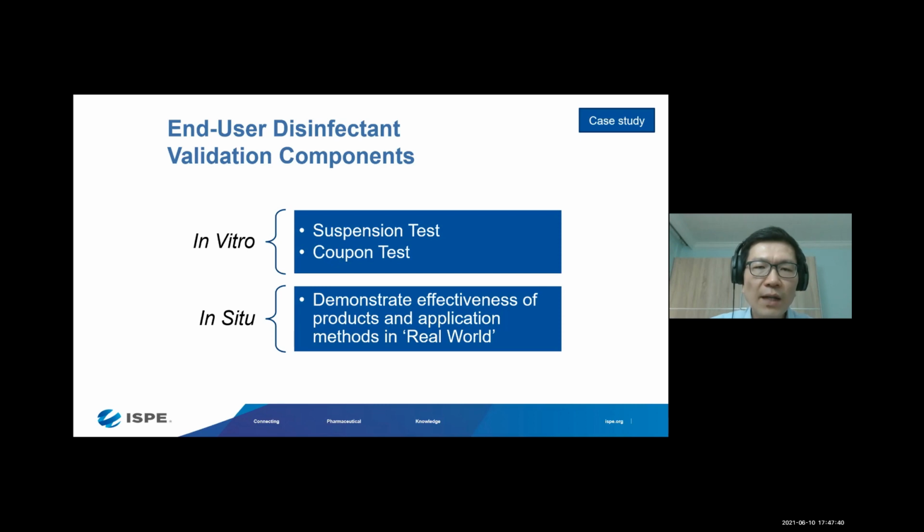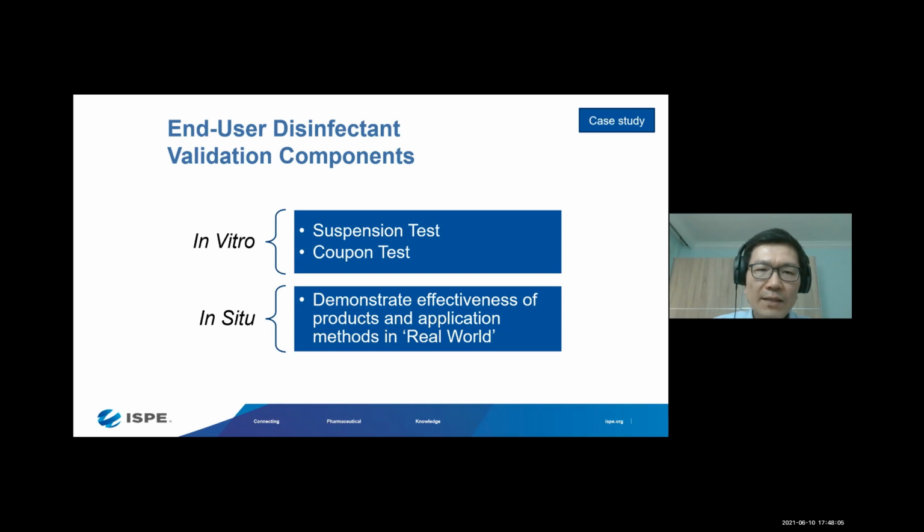The suspension test is not compulsory. Basically, the main objective is to use it as a screening tool to see which disinfectant is efficacious against certain microorganisms. So this is basically to check the efficacy of various disinfectants. It does not take into account the substrates of the cleanroom.